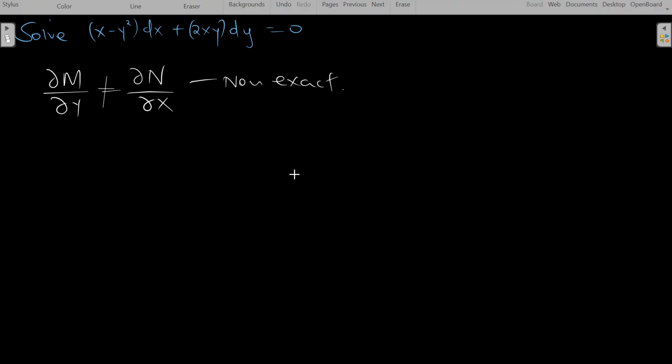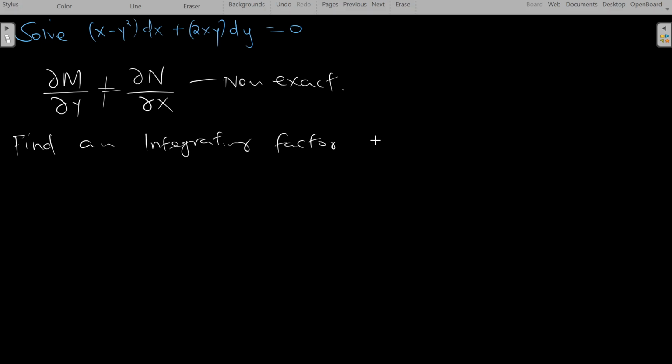Okay, so how will we solve for this non-exactness? First, to solve for this non-exactness, we'll find an integrating factor. So our first step is to find our integrating factor. Check my videos on integrating factors, where I introduced that.